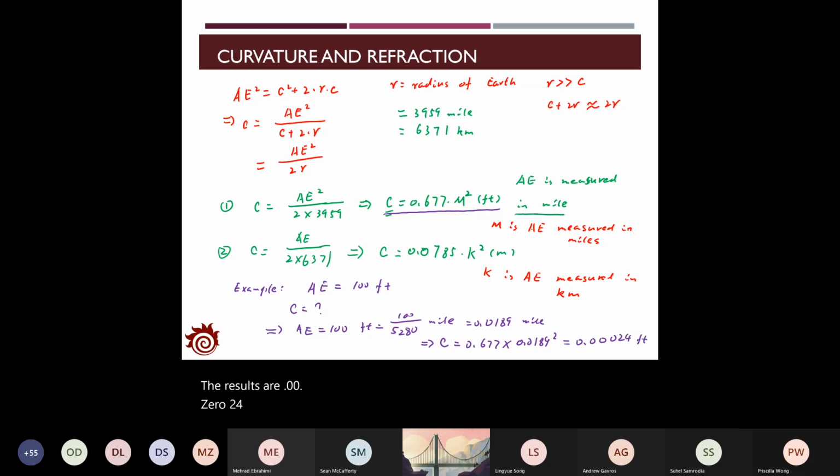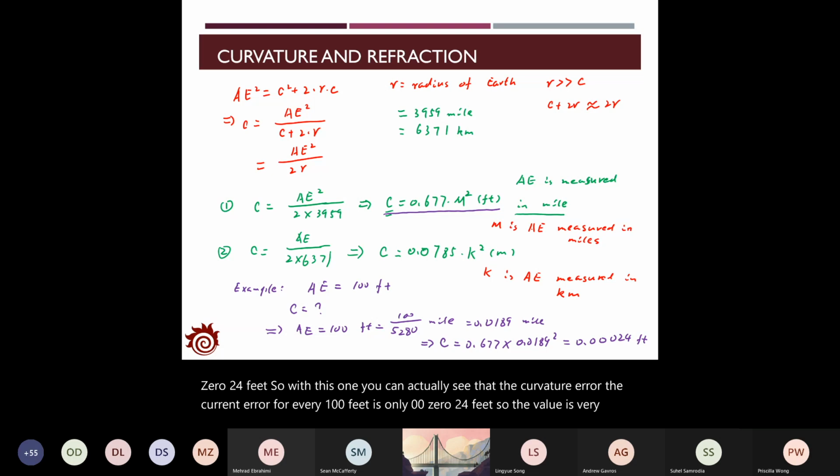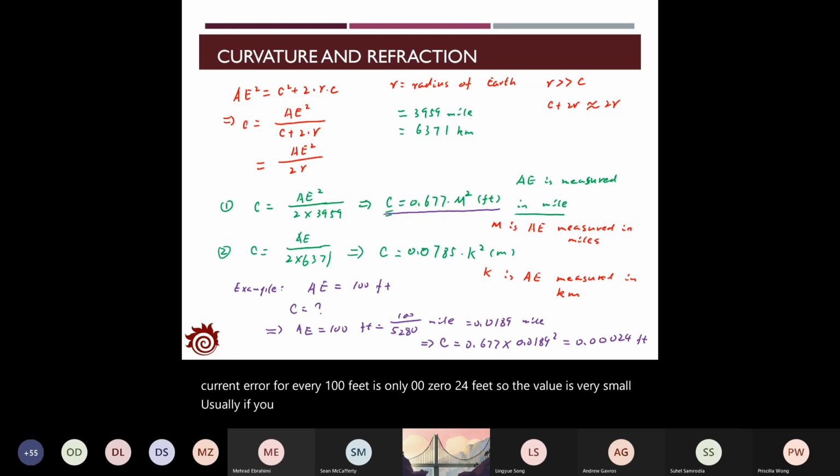So you can see that the curvature error for every 100 feet is only 0.00024 feet. The value is very small. Usually, if you are trying to measure the vertical distance for two points which are close to each other, you can ignore the curvature error as the value is very small.